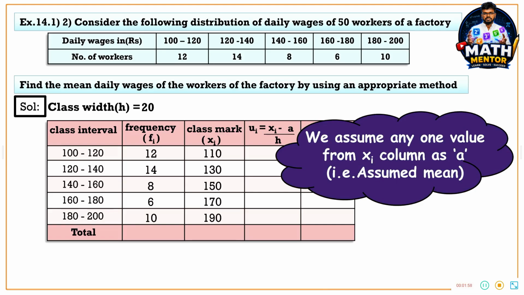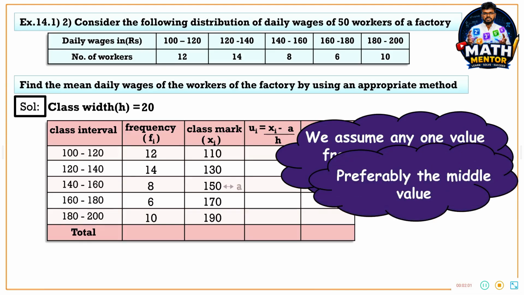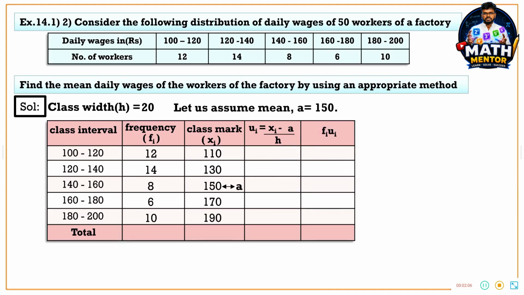Now we will select any one of the classes as the mean class and assume a. We will take the middle term, that is 150, as our assumed mean. Substituting a is equal to 150 in ui, we get ui is equal to xi minus 150 by h. So 110 minus 150 by 20, that is minus 40 by 20, minus 2. 130 minus 150 by 20 is minus 1. 150 minus 150, 0 by 20, 0.